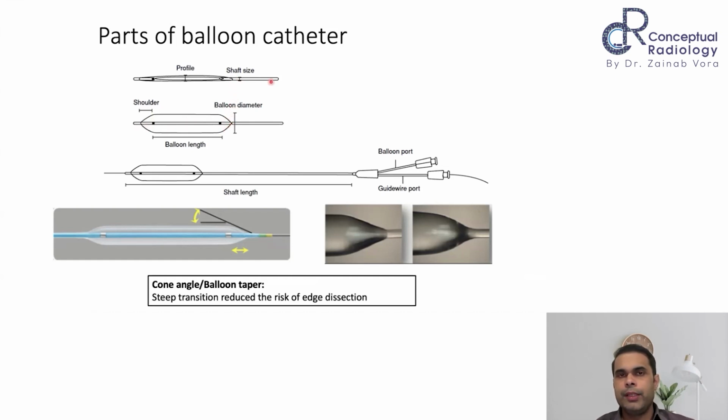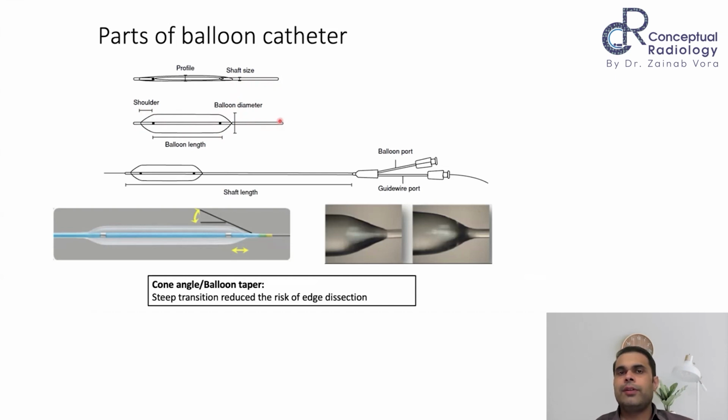The main thing is called the shaft, over which the balloon is attached. The actual part which fully inflates is the balloon length, but there might be a bit of shoulder at each side. The total length to which it dilates is the balloon diameter and balloon length. Then you have this shaft.